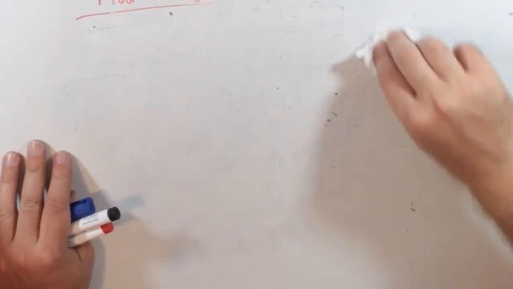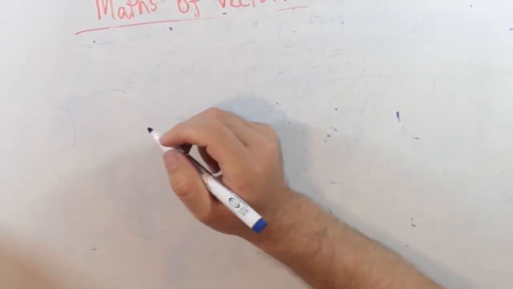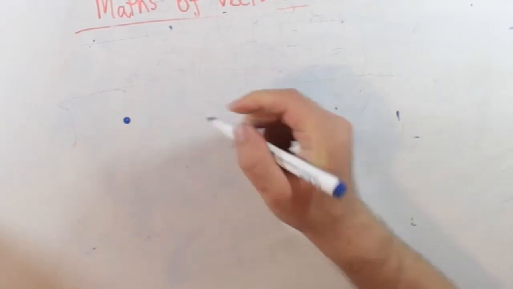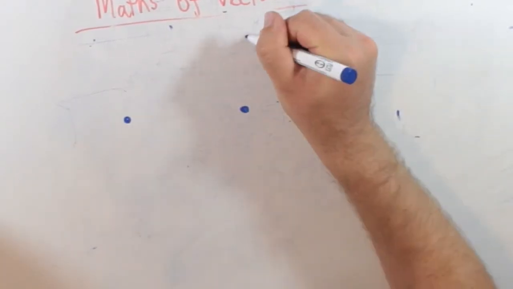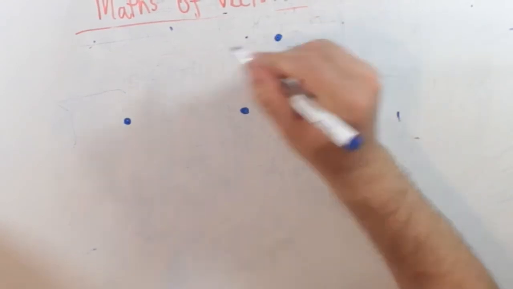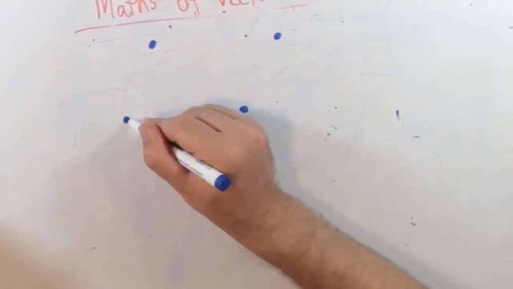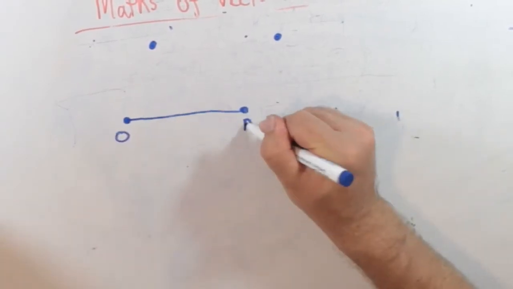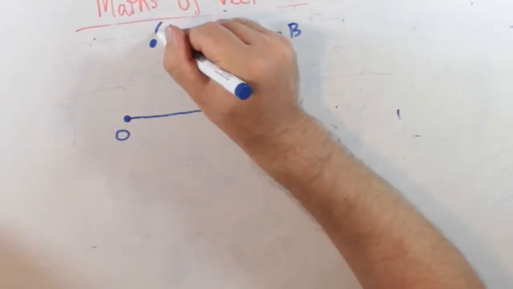So let's have a scenario. Our scenario is we've got a parallelogram OABC, like this.